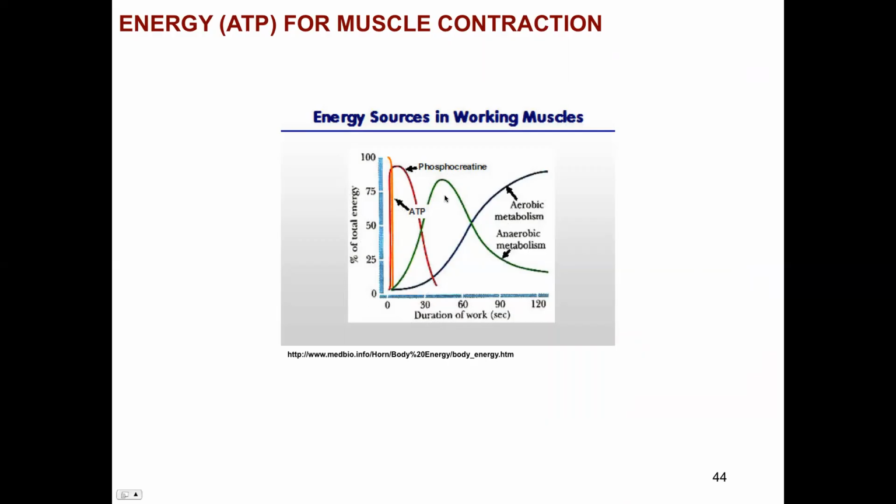Anaerobic respiration will get you to about 30 seconds. And then aerobic respiration using oxygen from the bloodstream can sustain you for a long time, especially if you're trained. We'll talk a little bit about training. That can sustain you for hours if you're in the right headspace and you're well trained.